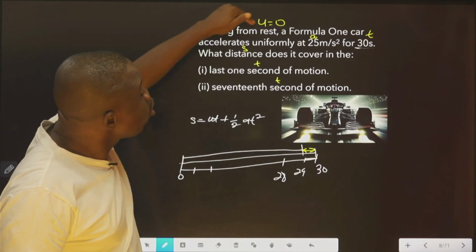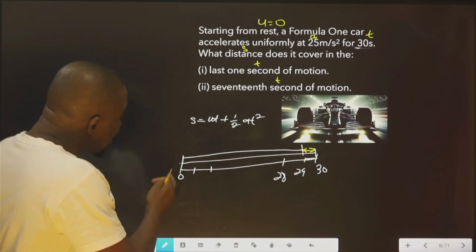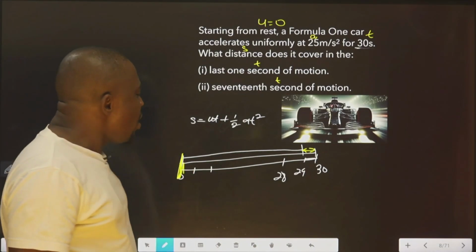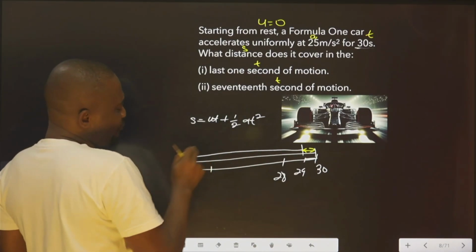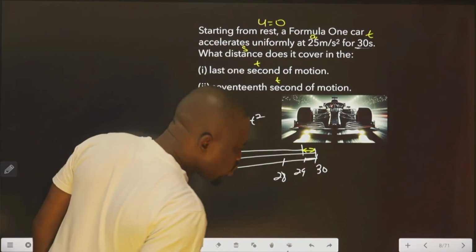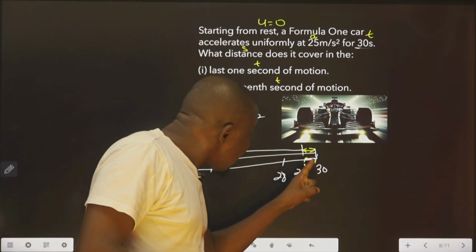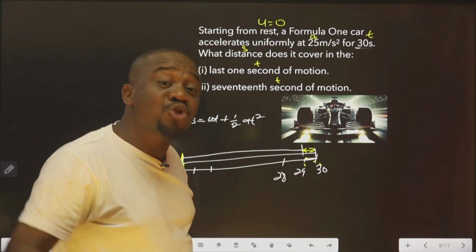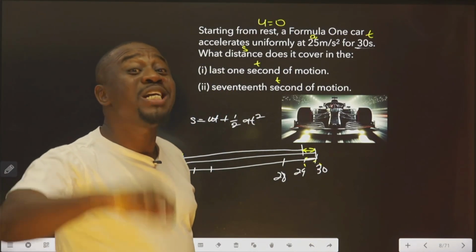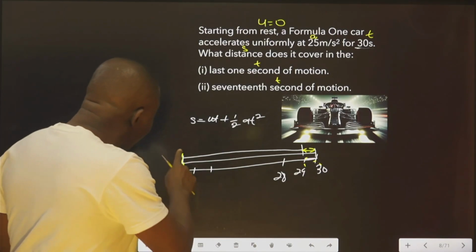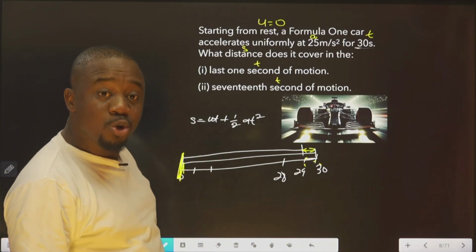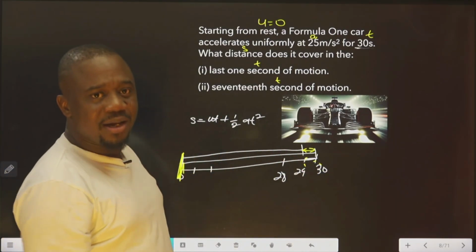Starting from rest, we can't drop this. If you simply say this minus this, what was the speed at 29? The only speed we know was from rest, 0. So everything must be connected to the back.